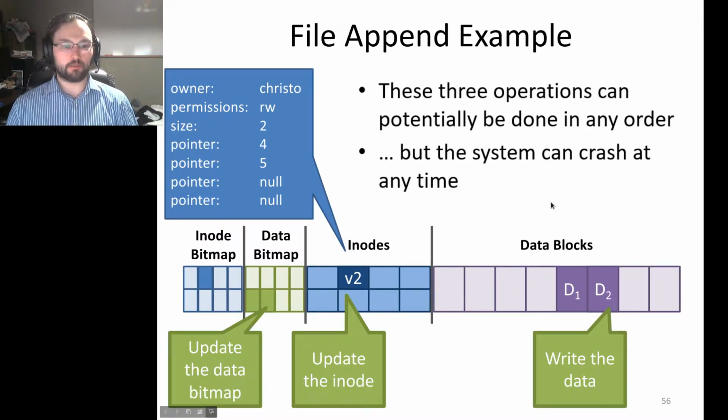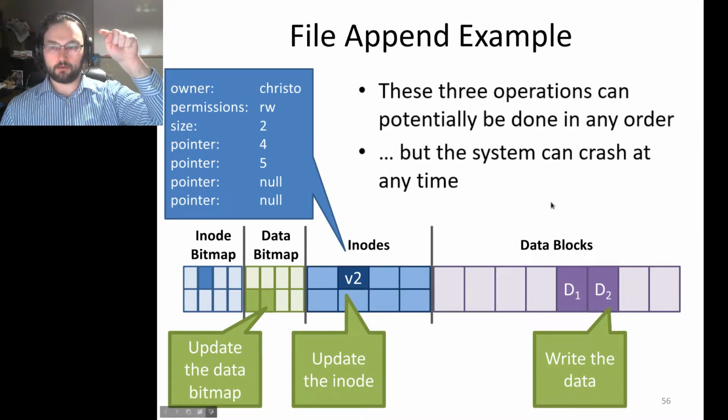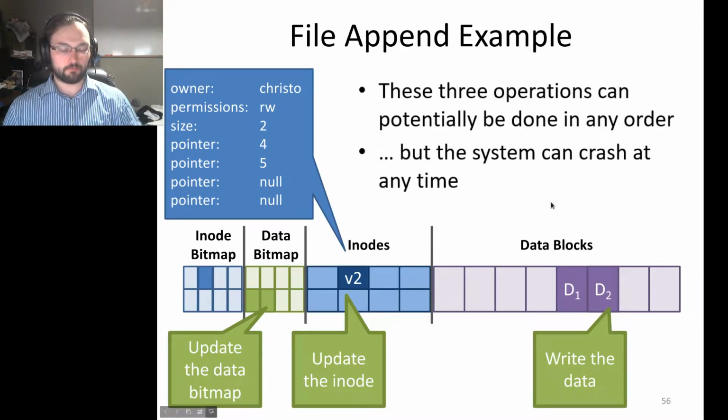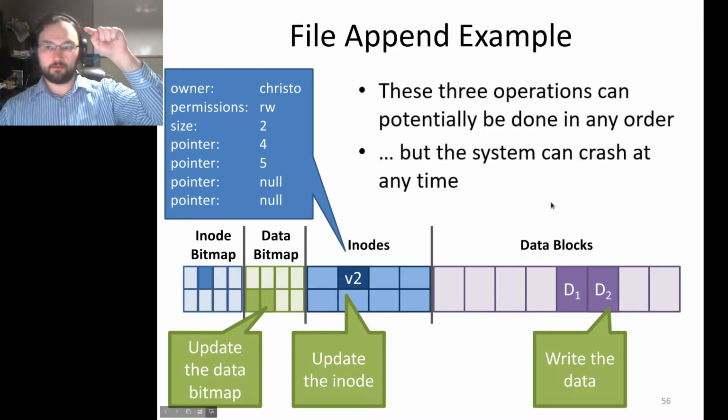You could imagine that these things are happening on different tracks on the platter, and so we need to seek in some order, and so we want to do it in seek order. Or maybe these things are happening on the same track. We've optimized now with block groups, so hopefully they're on the same track, but we don't know where we started in the rotation.